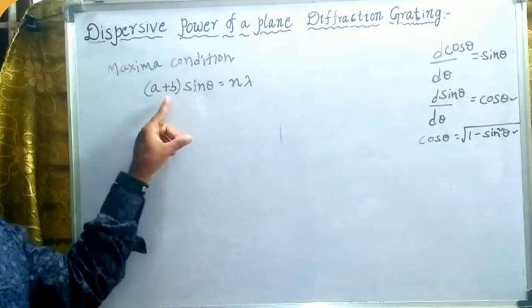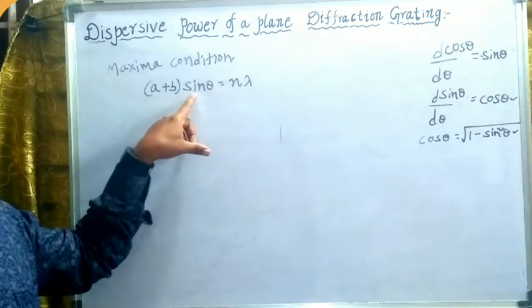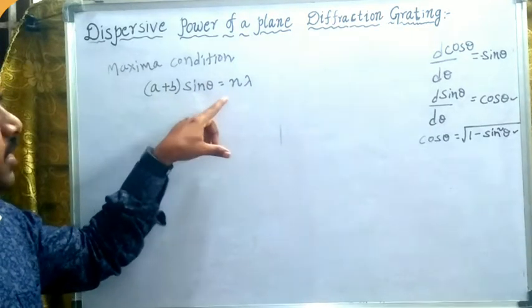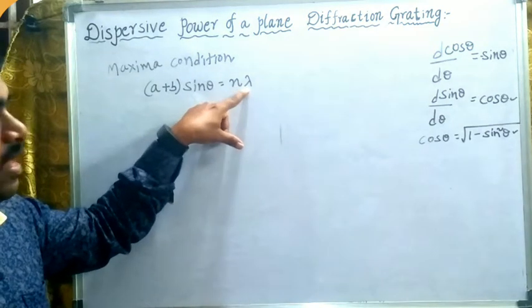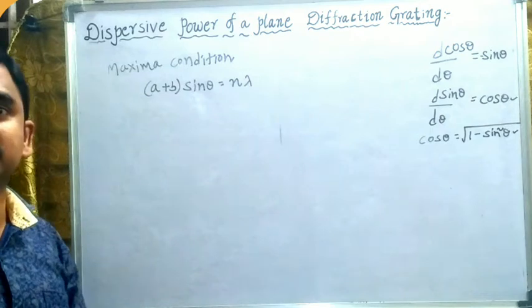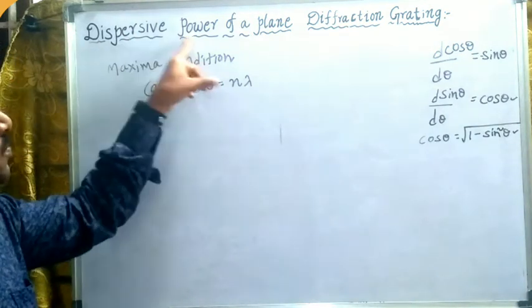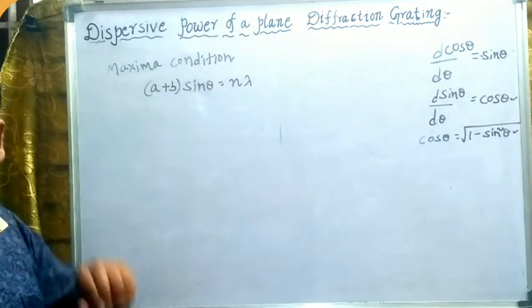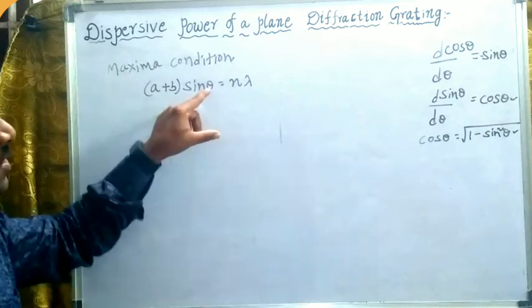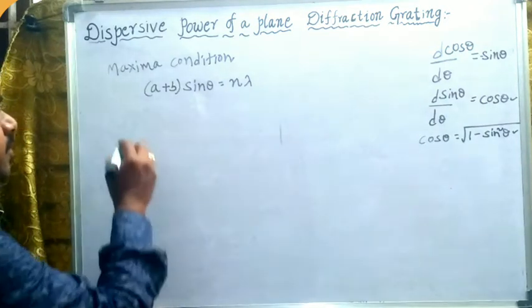Here a is the slit width, b is the opaque width, and 1 by (a plus b) is also called the grating element. Capital N is the order, and lambda is the wavelength of the source of light we are using. Now, to find the dispersive power, we have to differentiate this equation with respect to the wavelength.